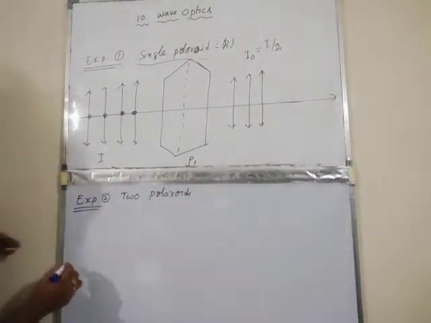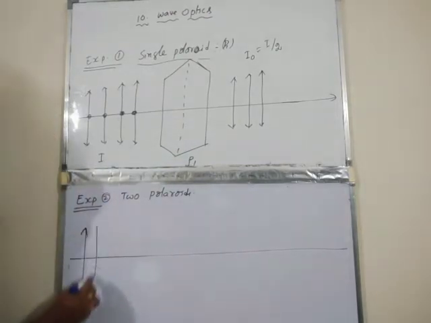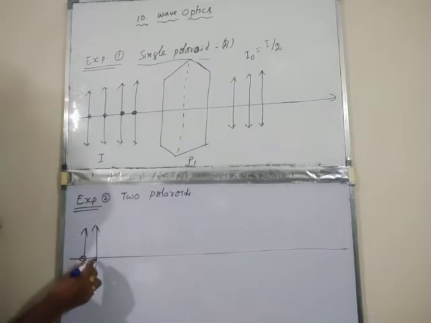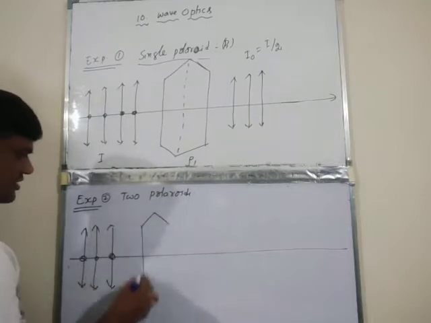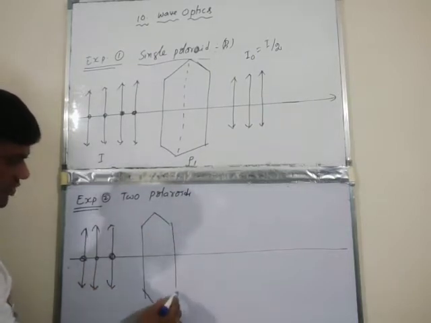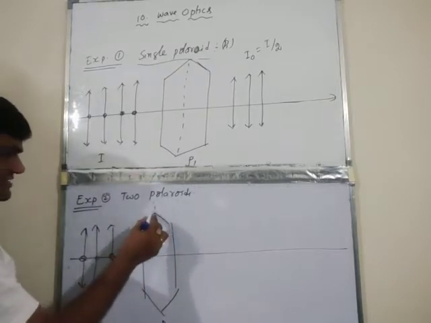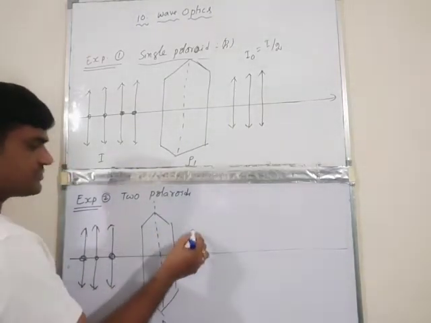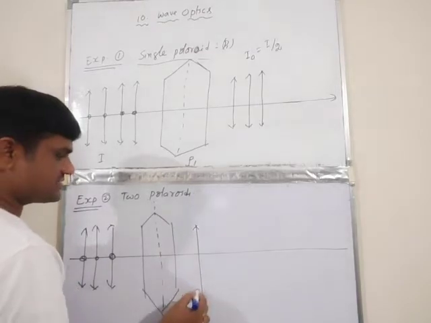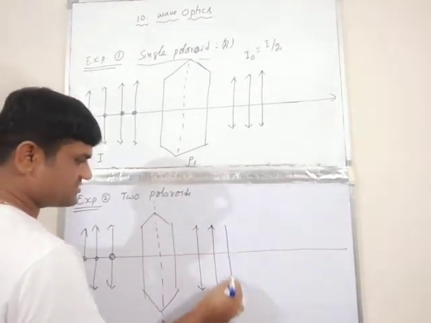Here is the unpolarized light. Now I can use one Polaroid, this is P1, and the pass axis is in this manner. In that case what happened? Now these are polarized light.